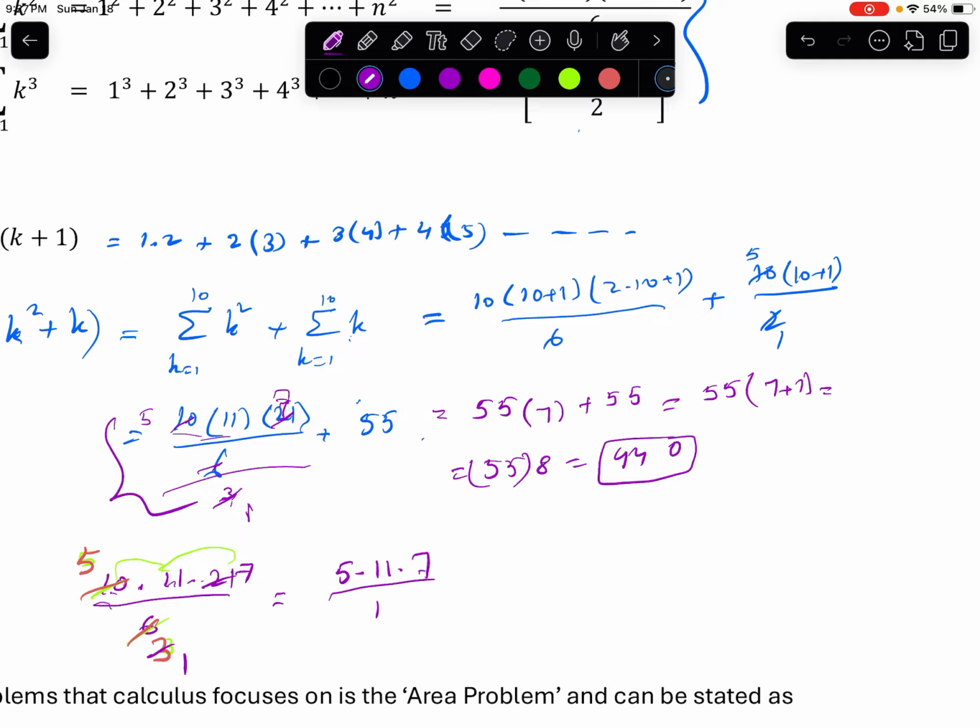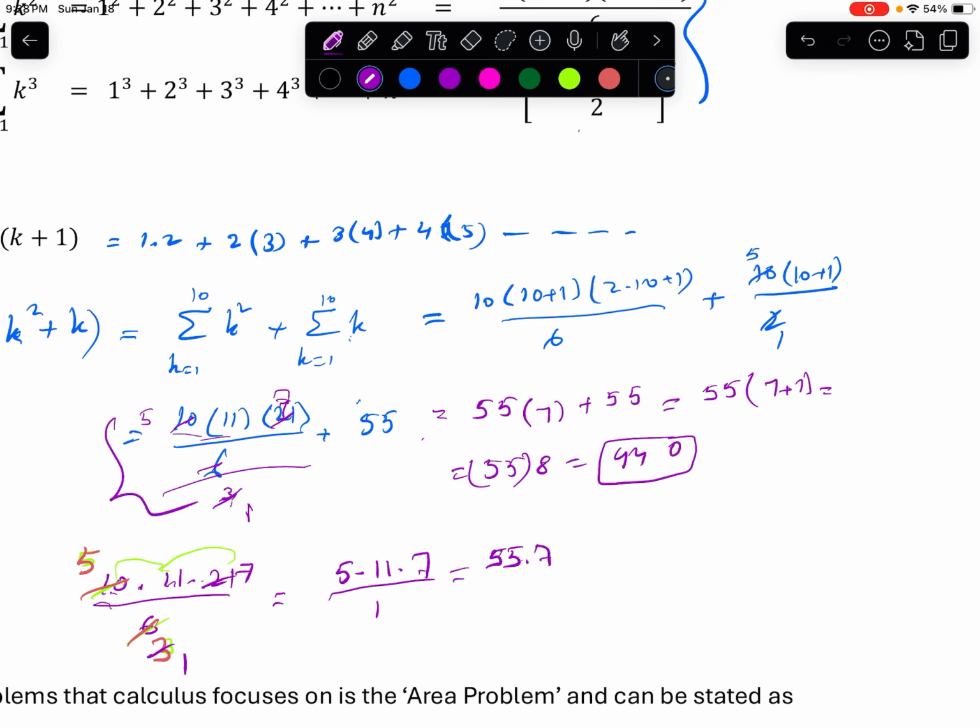Okay, so this will give me, again, I could multiply it out. 7 into 11 is 77, then multiplied by 5, whatever I get, I get. Or I could do 55 into 7, and I don't need to put the 1 at the bottom. So 55 into 7.